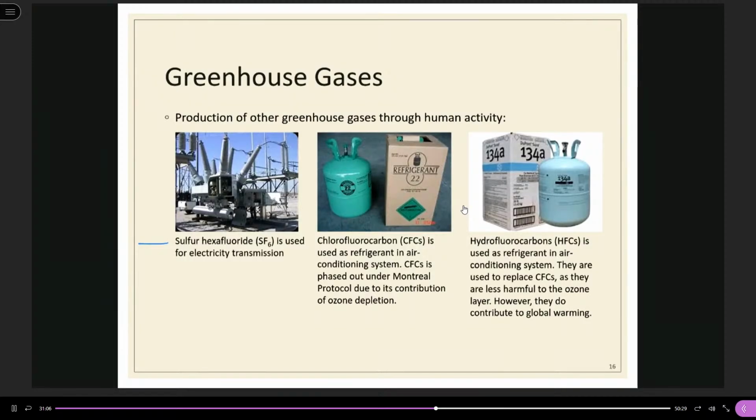In our air conditioners, we have the refrigerants running through the pipe, and CFC was used, but is now not recommended because of its contribution to ozone depletion. And HFCs are also used as refrigerant in the air conditioning system, and they were used to replace the CFCs as they are less harmful to the ozone. But they also contribute to global warming.